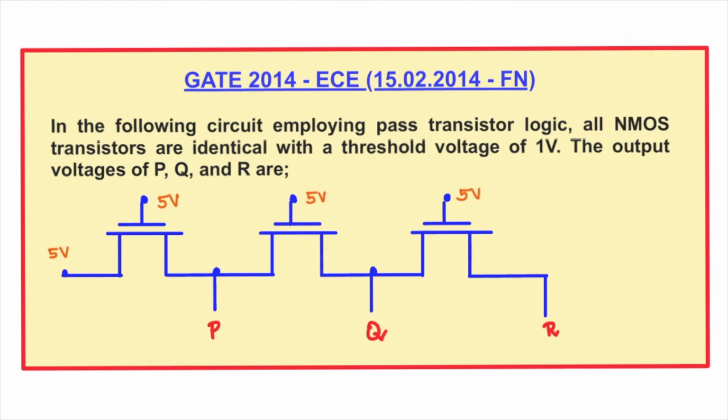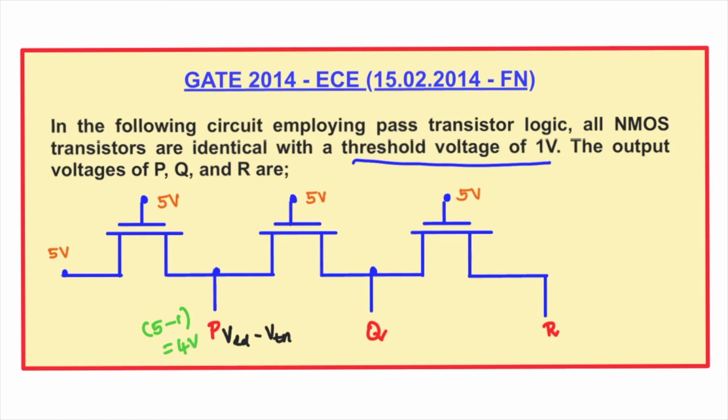Now it is very simple, we can write the answer straight away. This is going to be VDD minus VTN. This we know, right? VTN is given as a threshold voltage of 1 volt, and VDD is 5 volts, which is also specified in the question. So 5 minus 1, we will have 4 volts here.